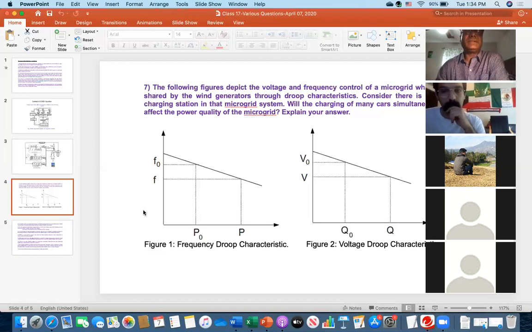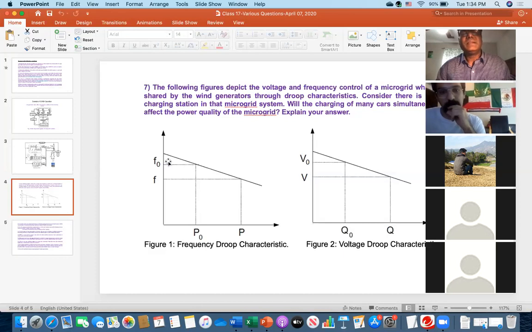So now see this one. Everybody see figure 1. What does it say? Frequency F naught and corresponding active power. P stands for active power or real power. In figure 2, symbol Q stands for reactive power and F stands for frequency. So you see the pattern, this is decreasing. That's why it is called the droop characteristics.